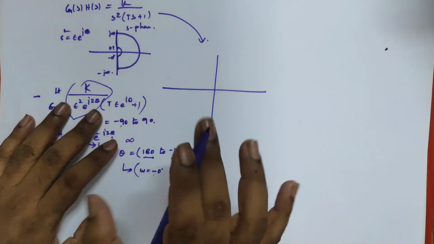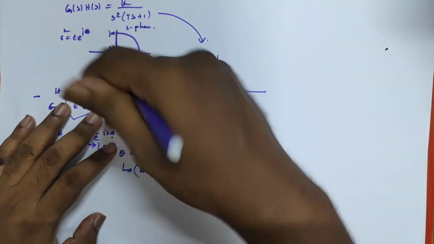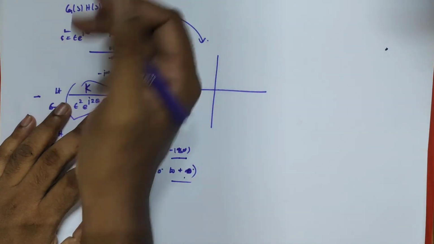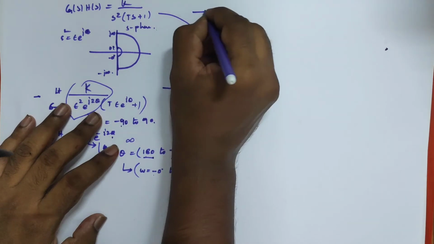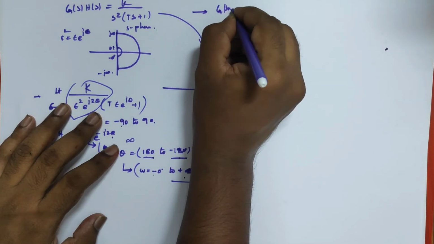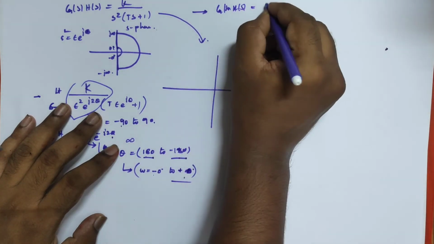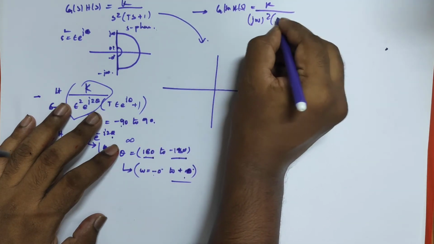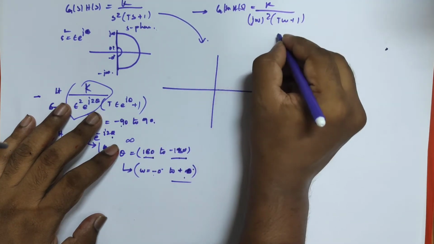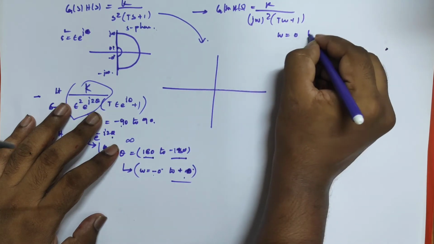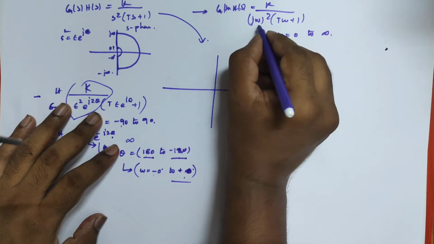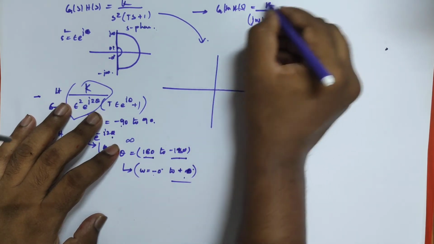Okay. Now let us draw our normal polar plot. The normal polar plot information gives us G of j omega H of j omega, if you substitute s by j omega, that is k by j omega square into j t omega plus 1, for omega equal to 0 to infinite. We have to examine what is happening. For omega equal to 0, what magnitude do I get?